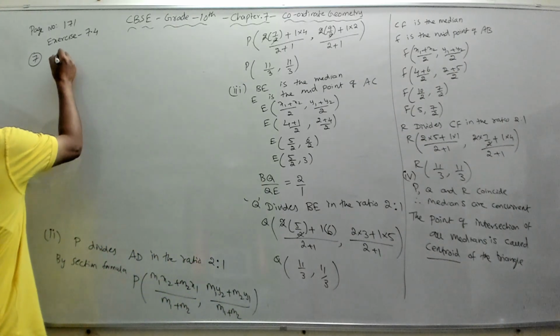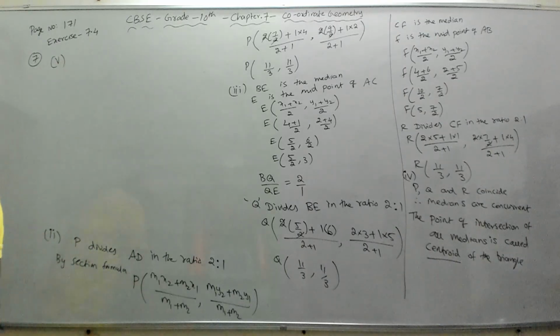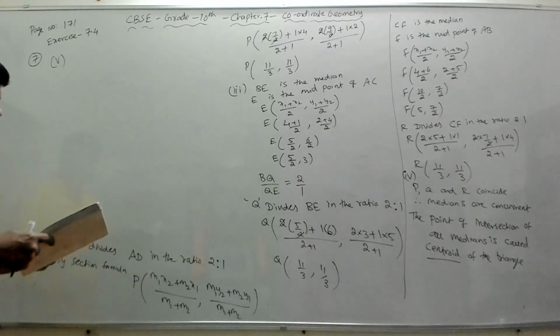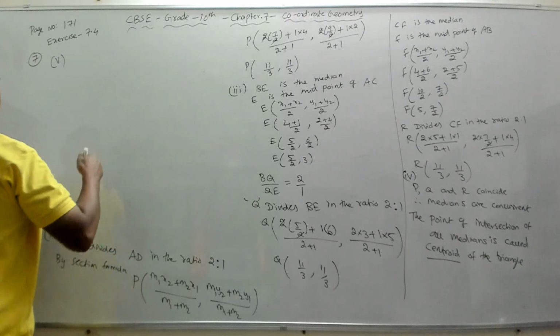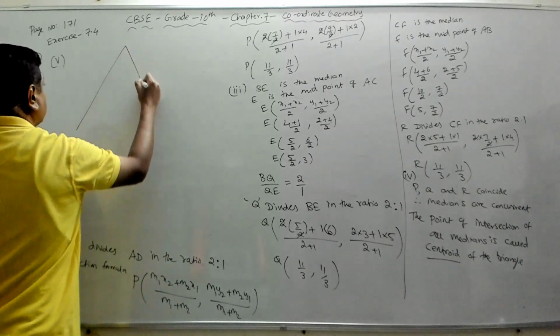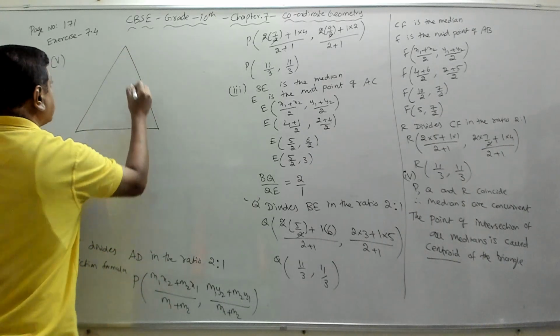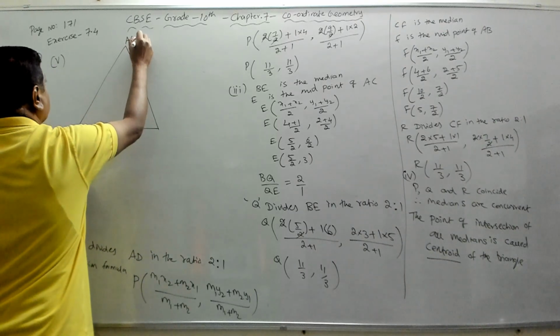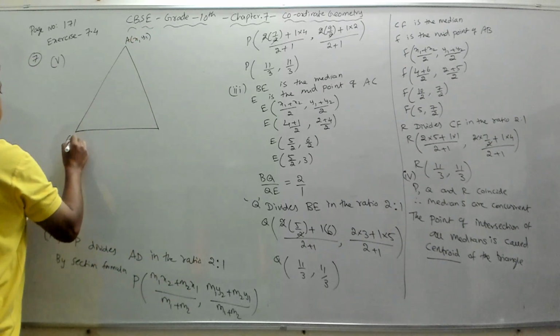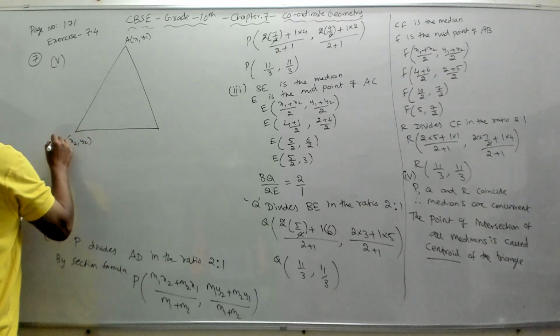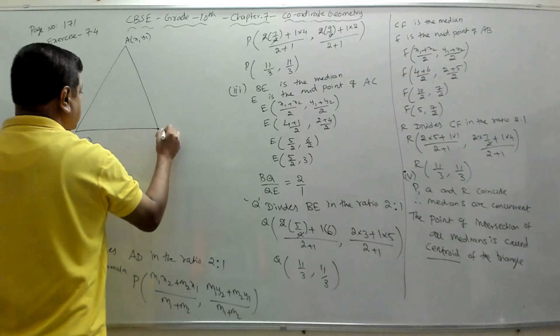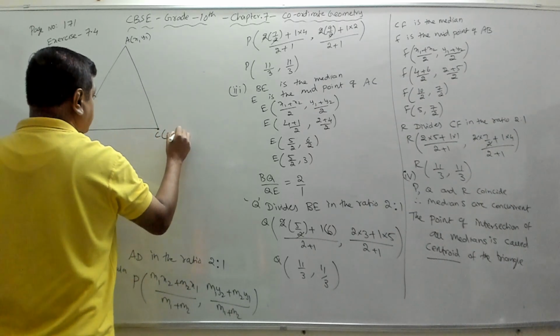The 5th part says that if ABC has vertices, find the coordinates of the centroid of the triangle. Suppose A is x1, y1, B is x2, y2, and C is x3, y3.